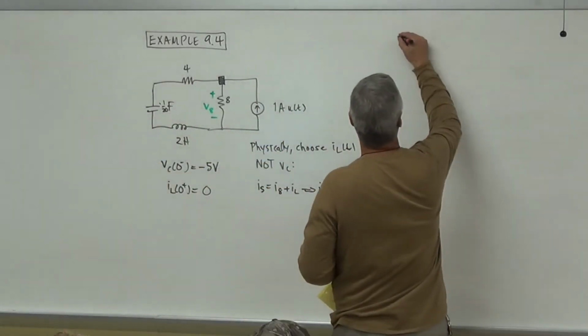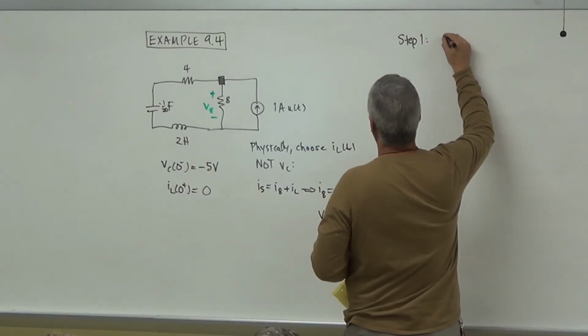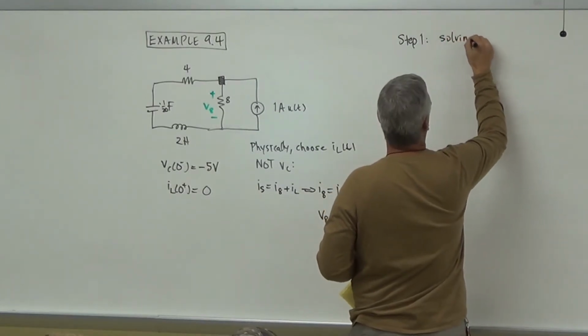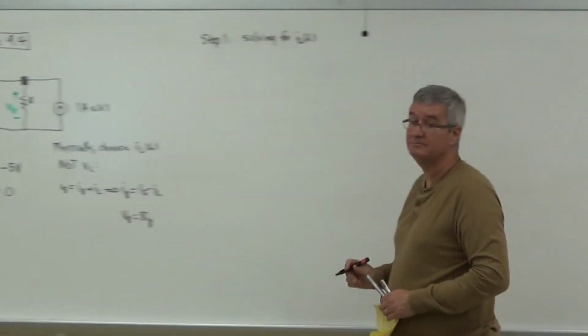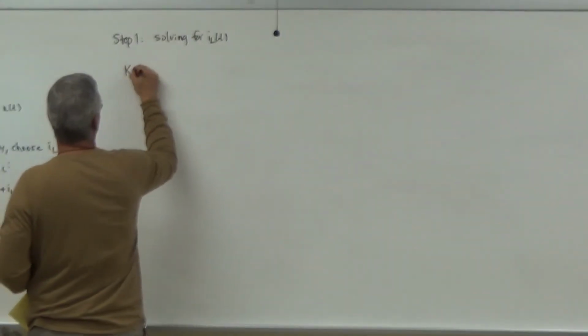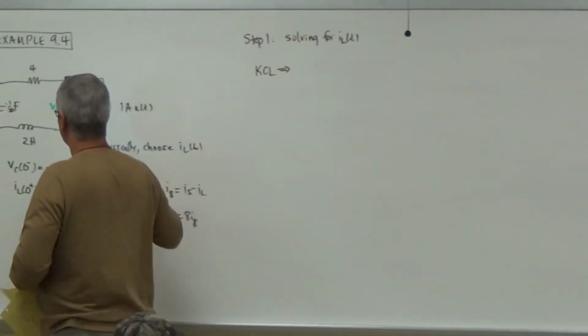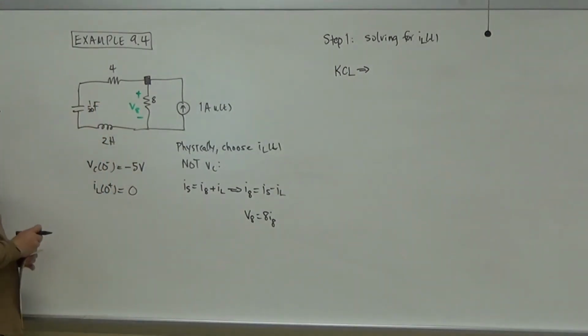So here we go, step 1. Step 1 tells me that I'm solving for IL. The first thing I'm going to do is KCL. I can see that these two guys are in series, so the currents must be the same.